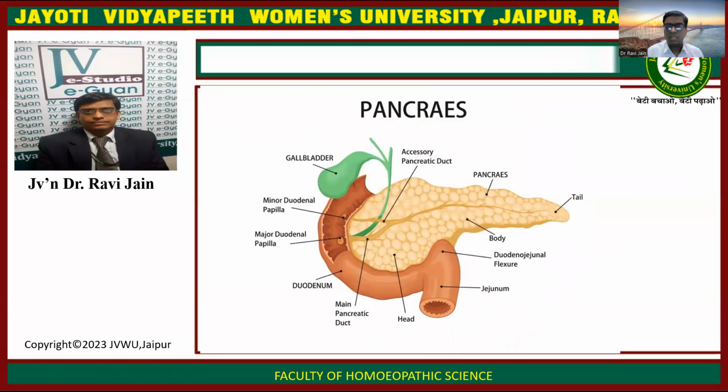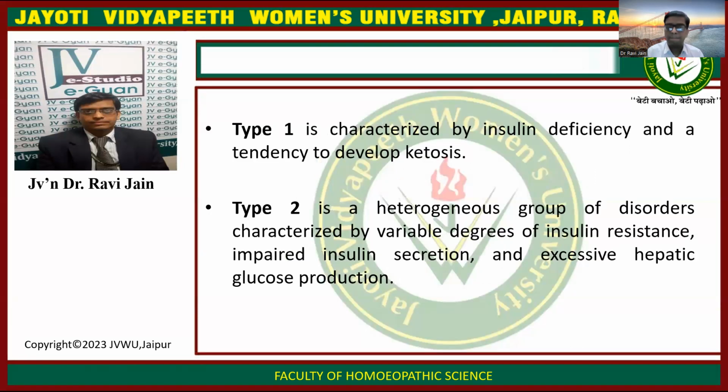Now this is the pancreas. The pancreas, as we know, has both exocrine and endocrine functions. In the endocrine part, there are beta cells that produce insulin. When there is a defect in the secretion of insulin, or if insulin is secreted properly but its action is deficient, this leads to the development of diabetes mellitus.